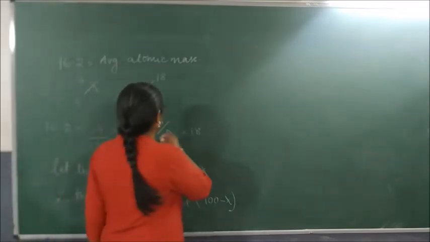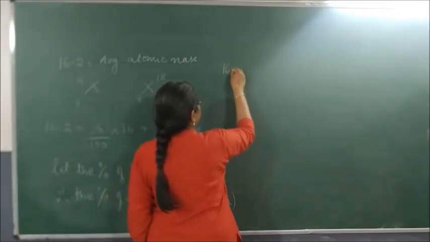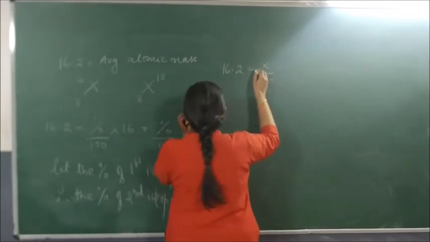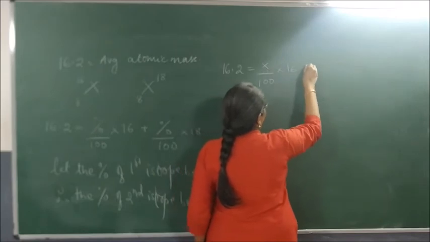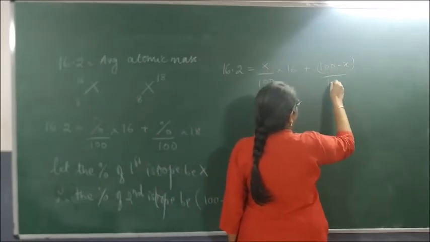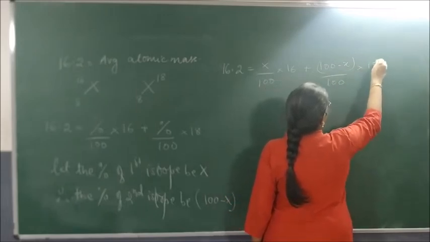Now substituting it in this formula, I get 16.2 is equal to X by 100 into 16 plus 100 minus X by 100 into 18.